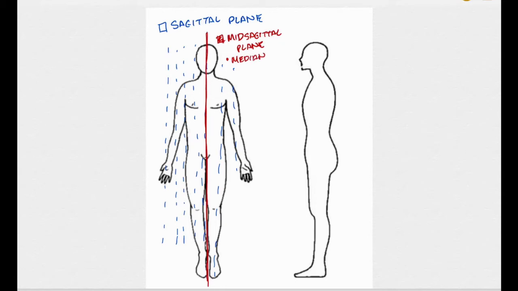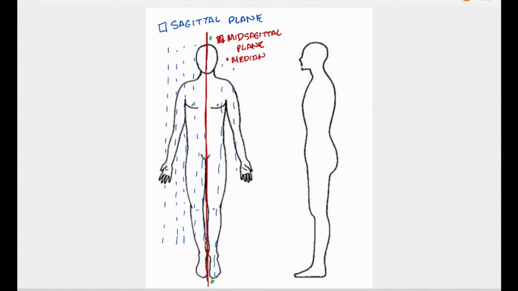The second type of plane that we're going to be learning is called the transverse plane. The transverse plane goes perpendicular to the long axis. The long axis means from top to bottom, so down this direction is the long axis of the human body.